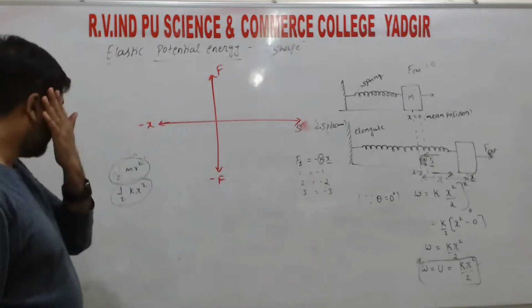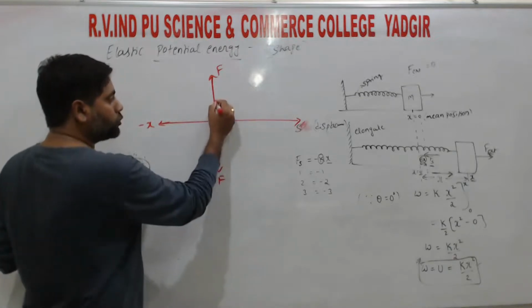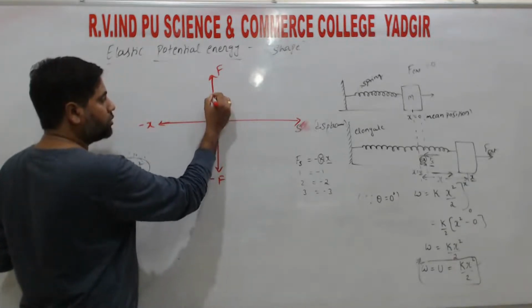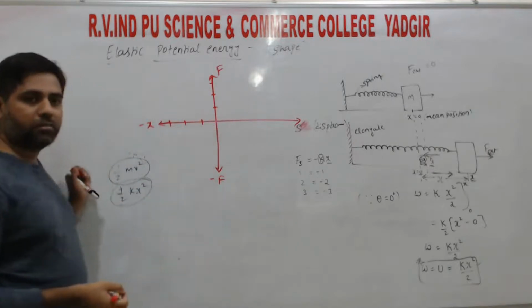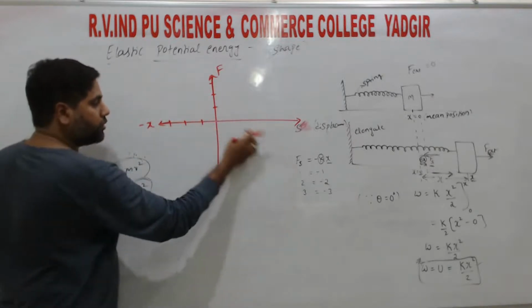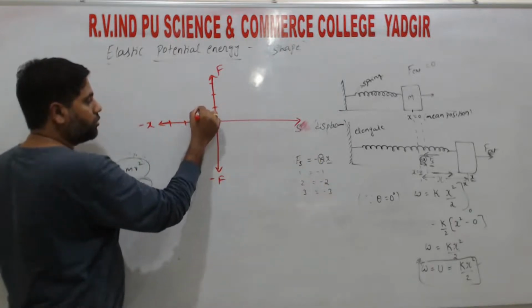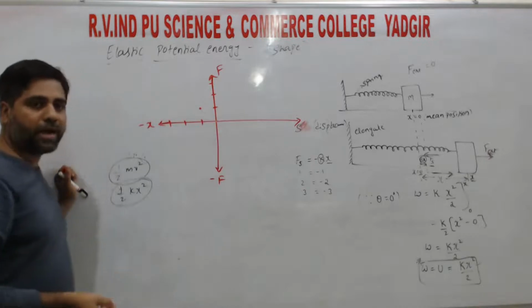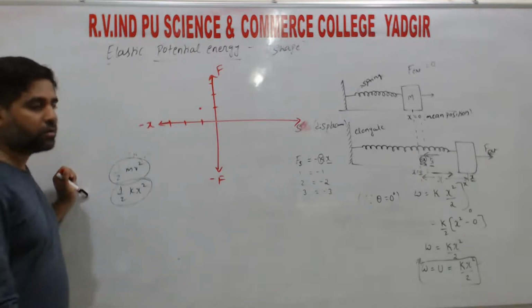So if you plot the basic graph, how would you plot it? Force positive, so this is 1, 2, 3, minus 1, minus 2, minus 3, right? Force value is plus 1, x value is minus 1, so you get 1 comma minus 1, sorry, minus 1 comma 1, right?